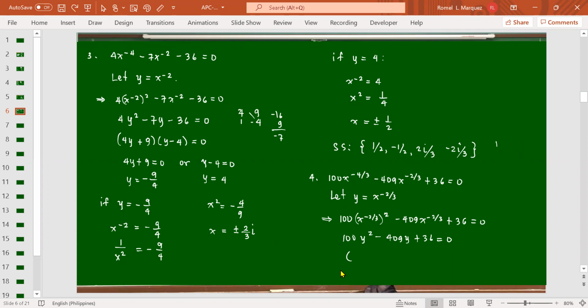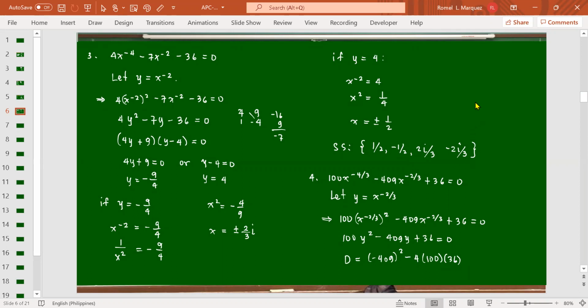So let's check what is our discriminant here. Negative b, negative 409 squared, minus 4 times a, 100, times c, 36. So 409 times 409 minus 4 times 100 times 36. Take the square root. So it is factorable, no?